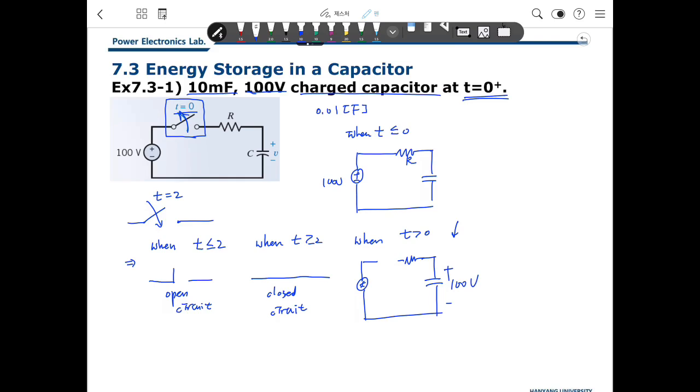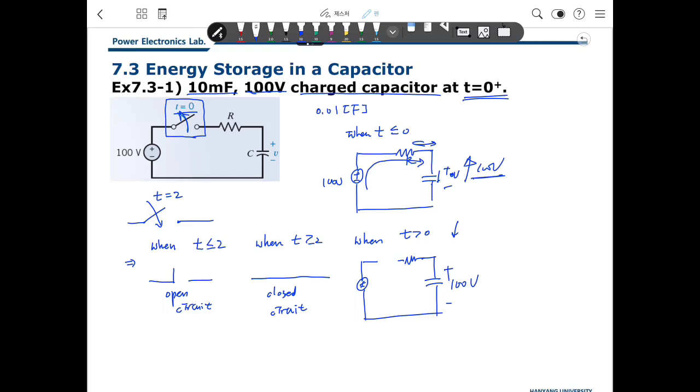Because infinitely, if this voltage is 0, then current can flow here until this voltage increases to 100 volts. Then no current flows here. No current means there is no voltage variation. So there is a steady state.